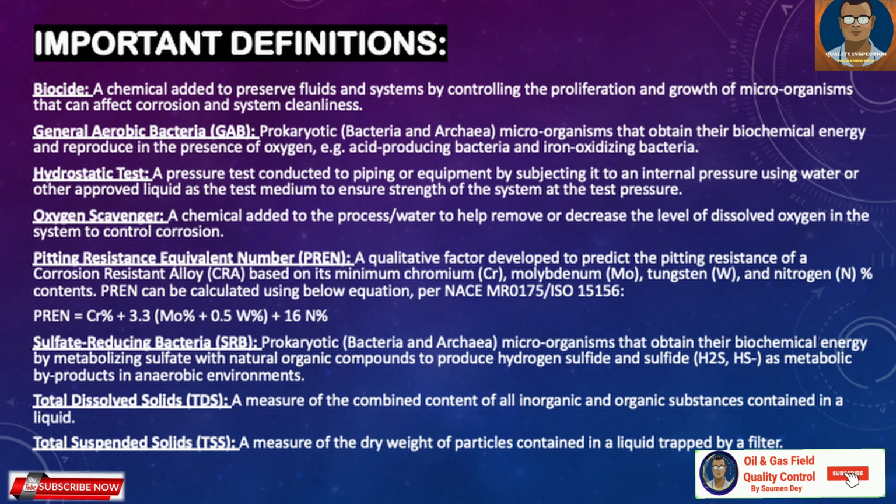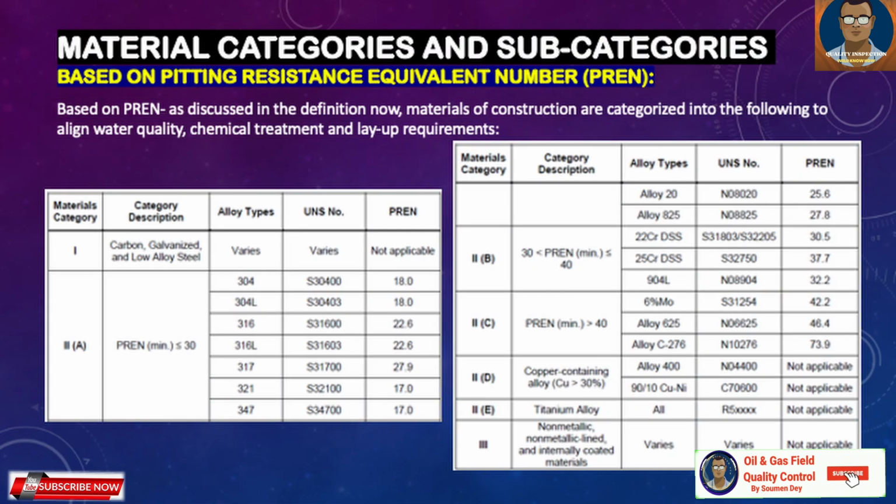Now let us see this PREN number table. There are subcategories to align the water quality, and based on these subcategories we decide the requirement of chemical treatment and layup. Basically there are 3 categories, 1, 2 and 3.